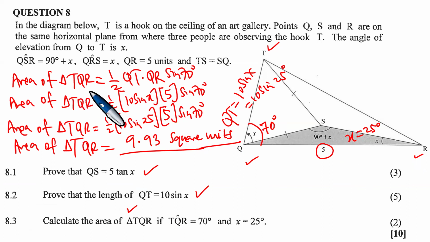So to find the area of triangle TQR, we use the trigonometric area formula we saw. What does the area formula say?